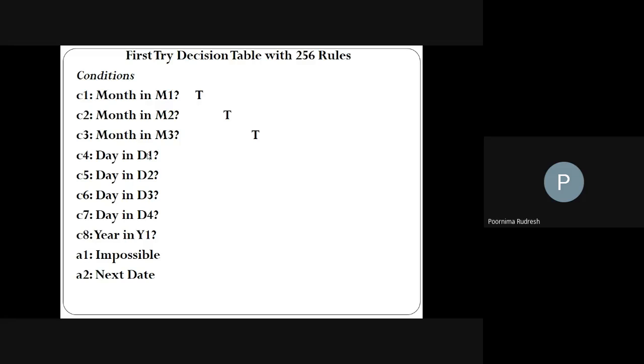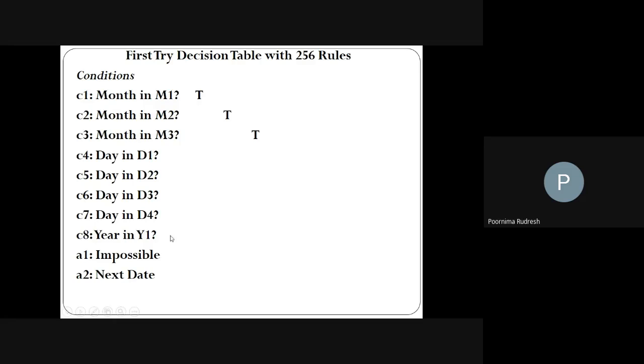Day in D4 is for the months which consist of 31 days, so we assign the day value equal to 31. And year in Y1, we are considering whether it is a leap year or not. So Y1 is a leap year, then we define one more condition, C9, which is the year that is not a leap year.